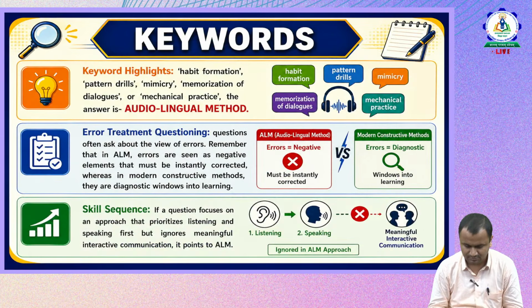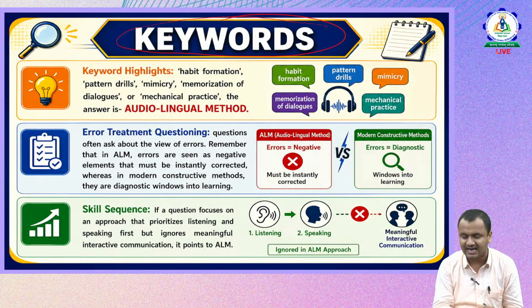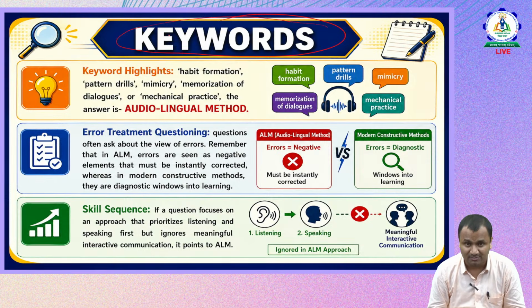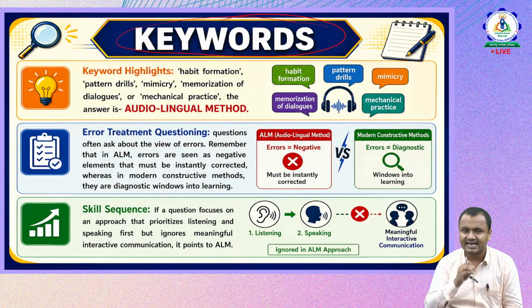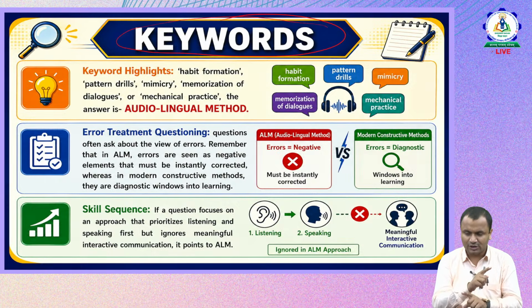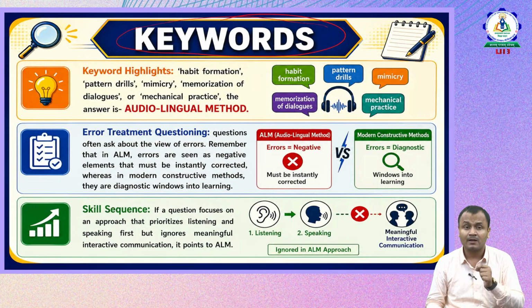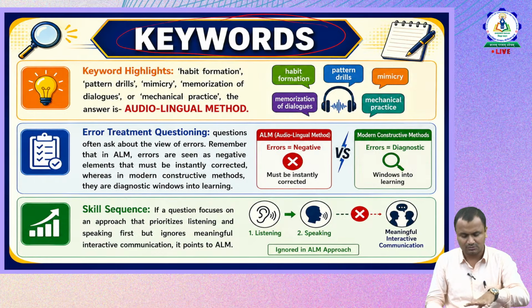Okay. Now, what are the keywords that will help us identify that the question is talking about the audio-lingual method? In CTET, how will we identify that our question is talking about the audio-lingual method? How can we save our time? Instead of reading the entire option or the entire question, with the help of these keywords, we can definitely identify that the option or the question is talking about the audio-lingual method.